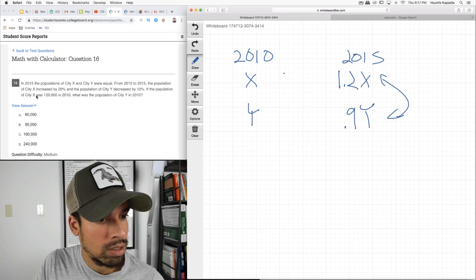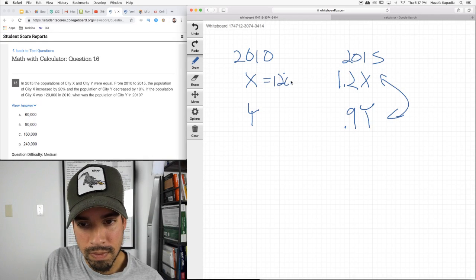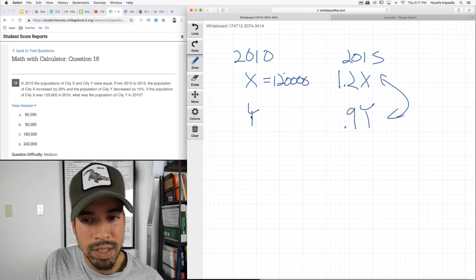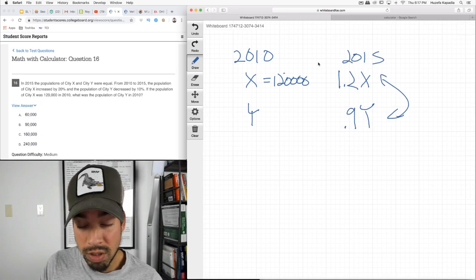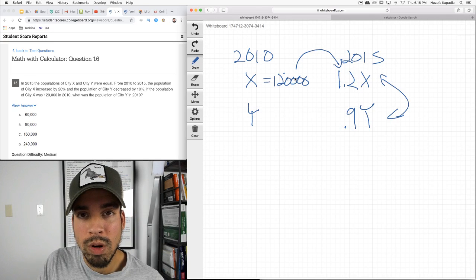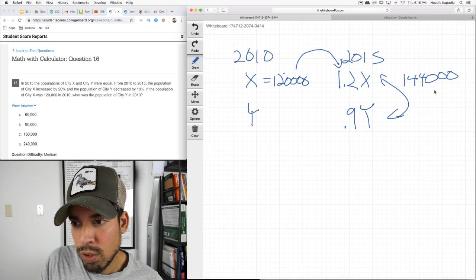If the population of city X was 120,000 in 2010, what was the population of this guy here? Well, if it's 120,000 here, what did it become in 2015? It's whatever 1.2 times that is, which I think I know without a calculator. It's 144,000.